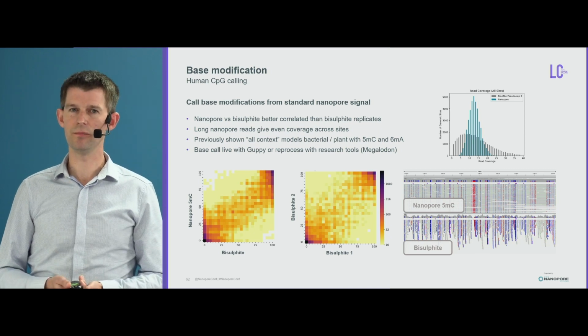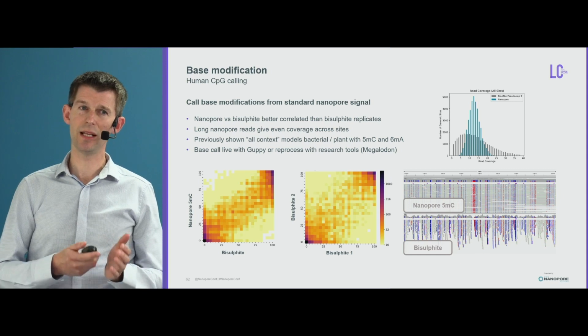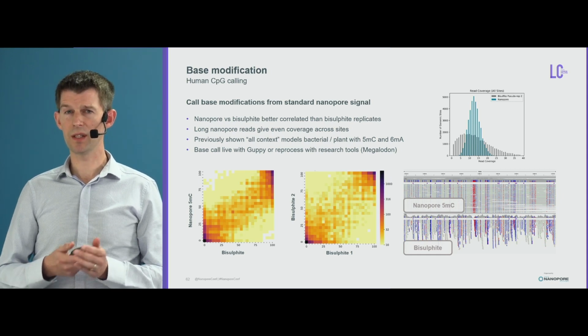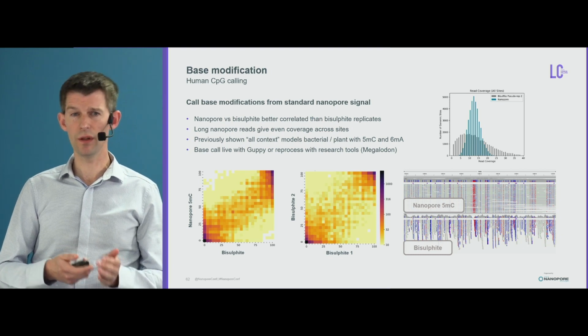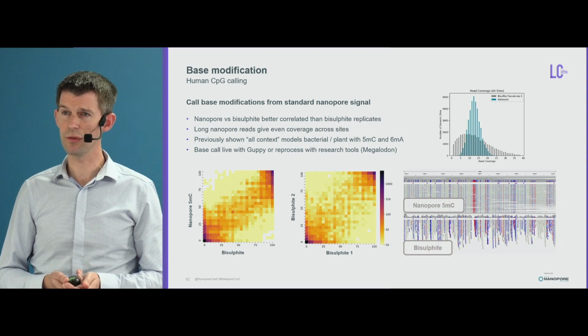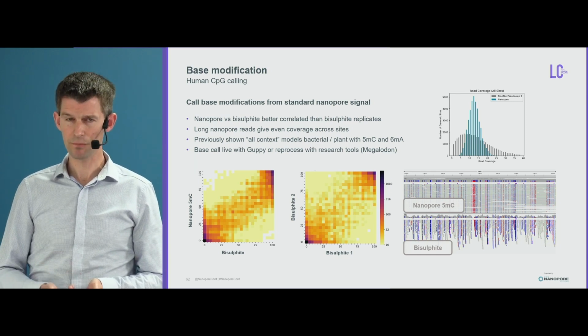That indicates where the methylation was. We find that the nanopore data is better correlated to this bisulfite sequencing data than a bisulfite sequencing run is correlated to another bisulfite sequencing run. So we think we're closer to ground truth than bisulfite sequencing when it comes to 5-methyl-C.